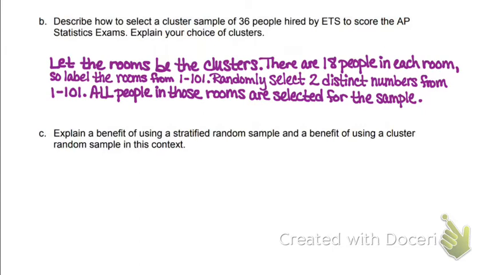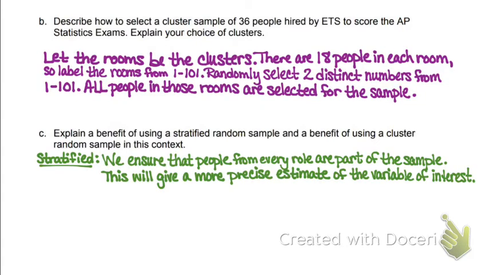What's a benefit to using cluster sampling? I want you to think about if you were actually doing this. So if we did stratified sampling, we take all the people that are readers when they sign up and check in for the day.